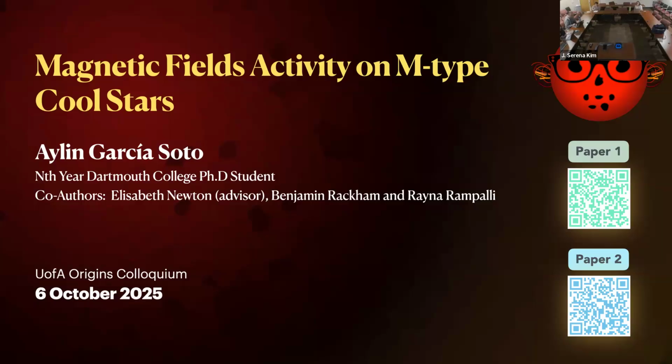Okay, so let's start. Today we have Aylin Garcia Soto from the astronomy department at Dartmouth College. She's a PhD student working with Professor Elizabeth Newton. Her research focuses on magnetic fields related to M-dwarf photometric and spectroscopic variability in the form of spots, flares, and spectral lines, to understand the surface features and the magnetic field dynamo of these M-dwarfs.